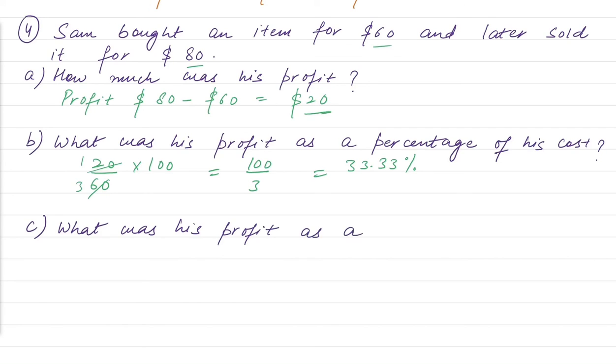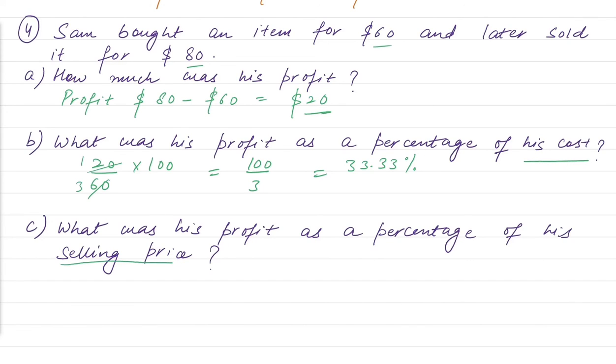Okay. Now similarly here, they are asking for the percentage, but they are asking what was his profit as a percentage of his selling price. Now remember, the selling price is $80. So we need to take the profit and divide it by the selling price. The profit is $20, so $20 divided by $80, which is the sold amount, multiplied by 100.